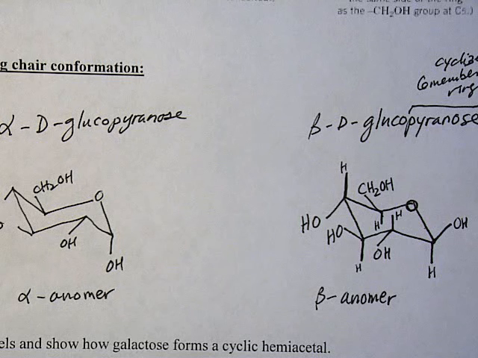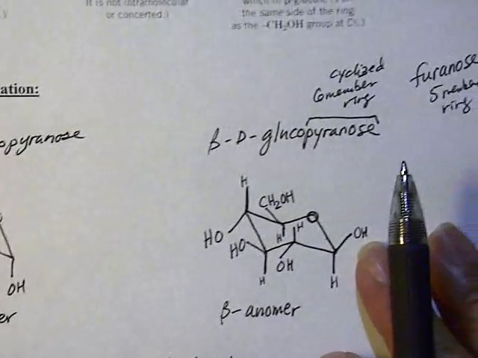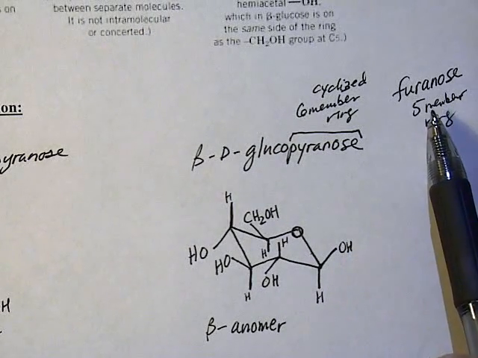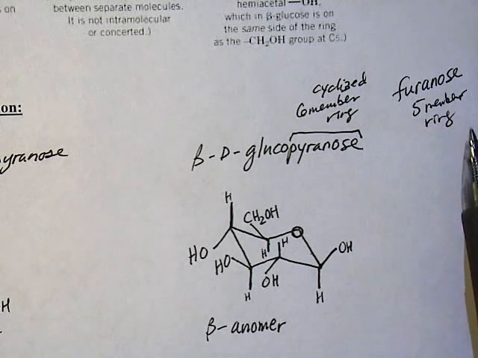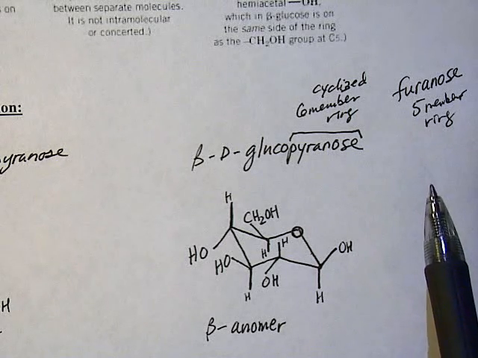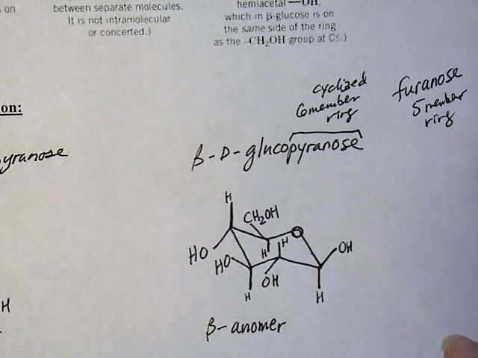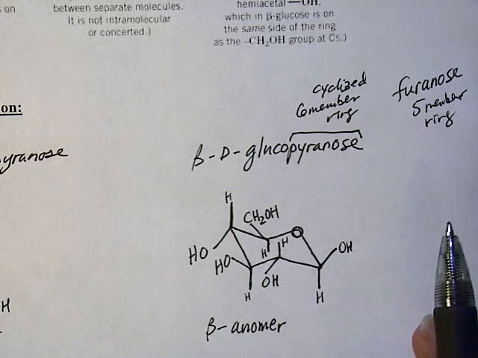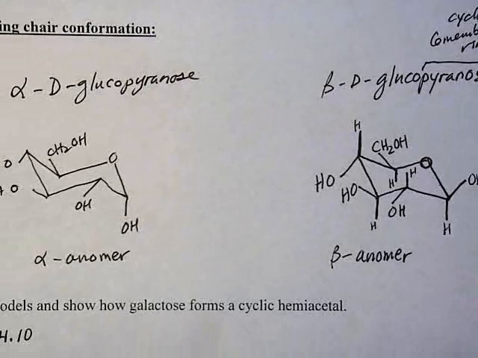All right. So in your book, they also go through how this cyclization to a furanose looks with fructose. So take a look at that. It's much simpler than the 6-member ring, so I'm going to expect you to go over that on your own so that you can see what fructose looks like in a cyclized compound.